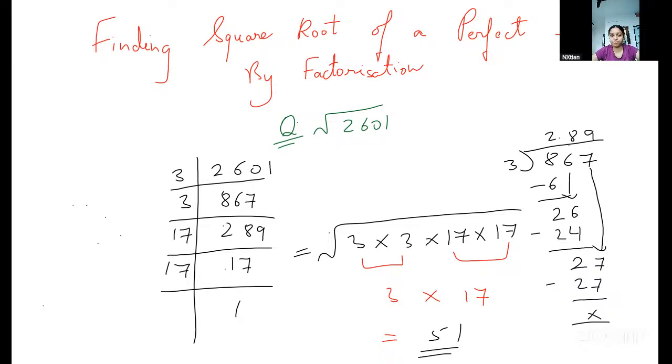Okay. So like this, you can find out the square root of perfect square numbers using prime factorization method.